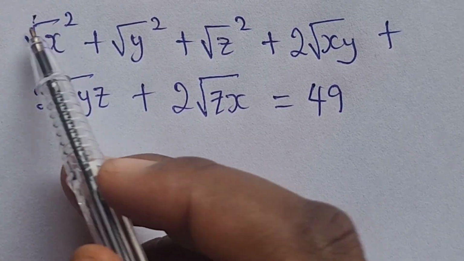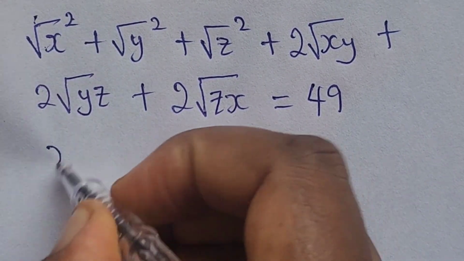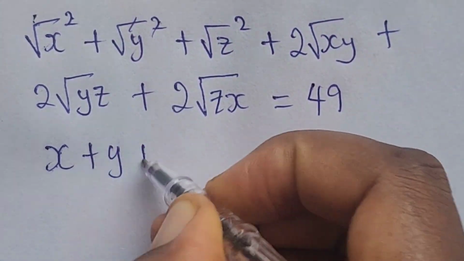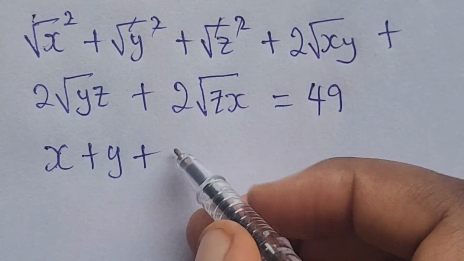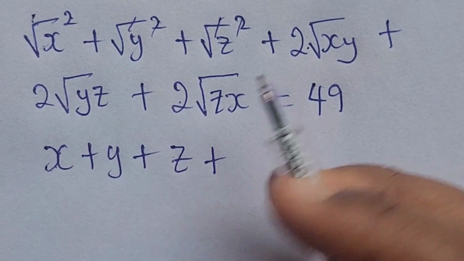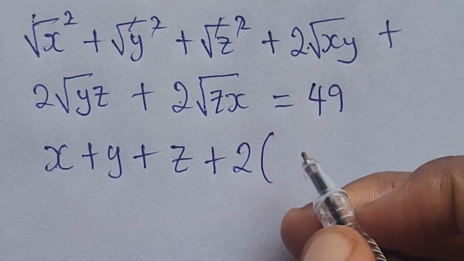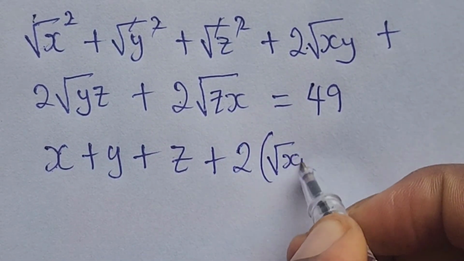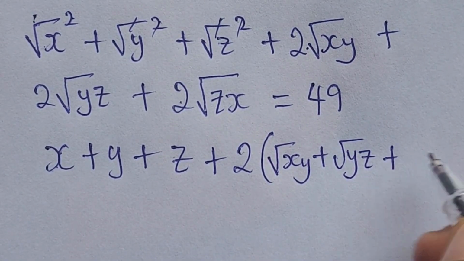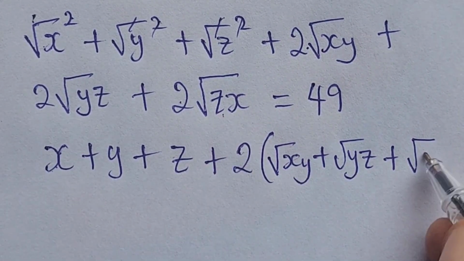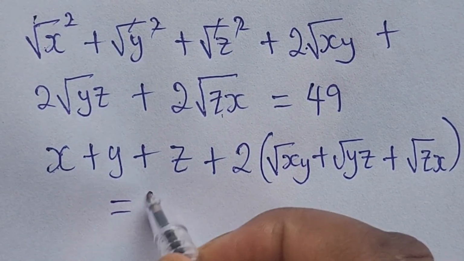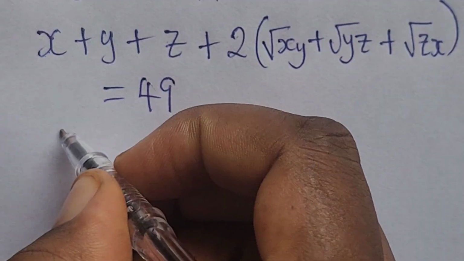Resolving this, we have x plus y plus z plus, when we factor out 2, we have 2 times root xy plus root yz plus root zx, and it is equal to 49.